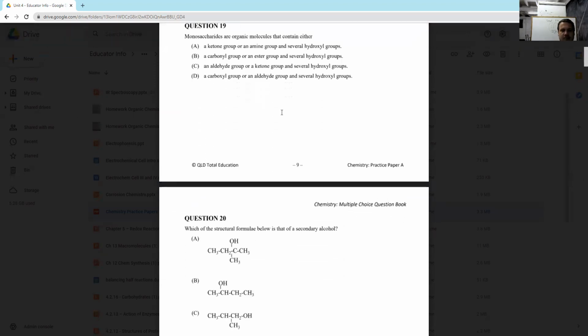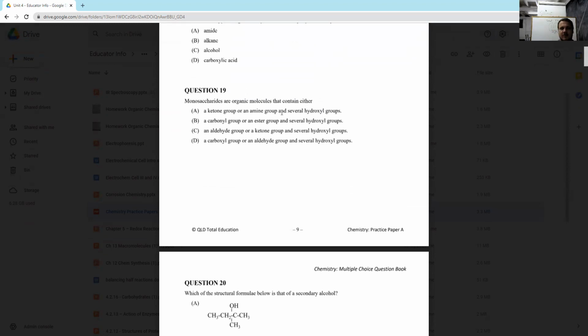Okay, getting through quite a few of these. So monosaccharides are organic molecules that contain which of the following groups?